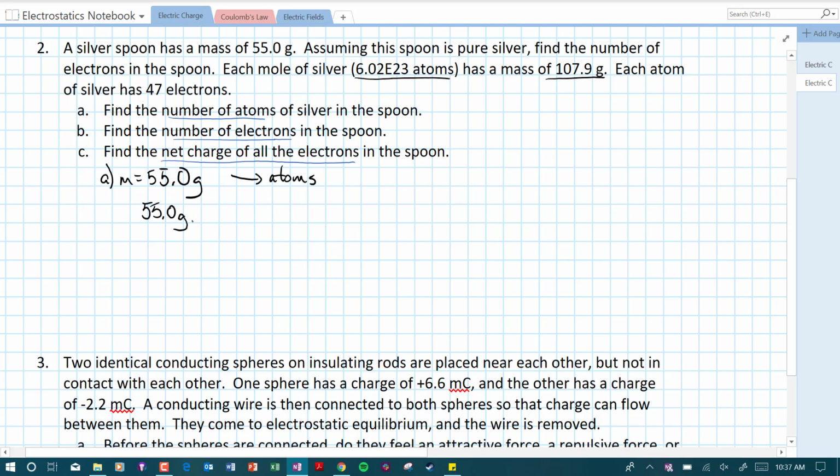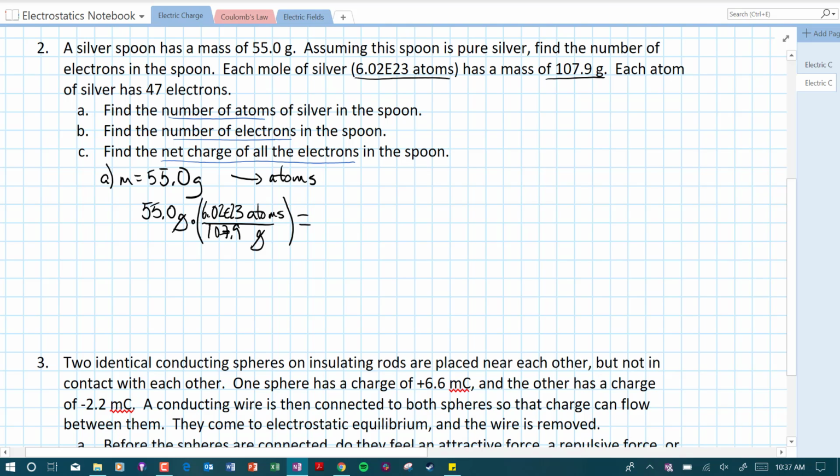We need grams on the bottom and atoms up top. So that's 107.9 grams is equal to 6.02 E23 atoms. Grams cancel and we'll be left with our atoms.